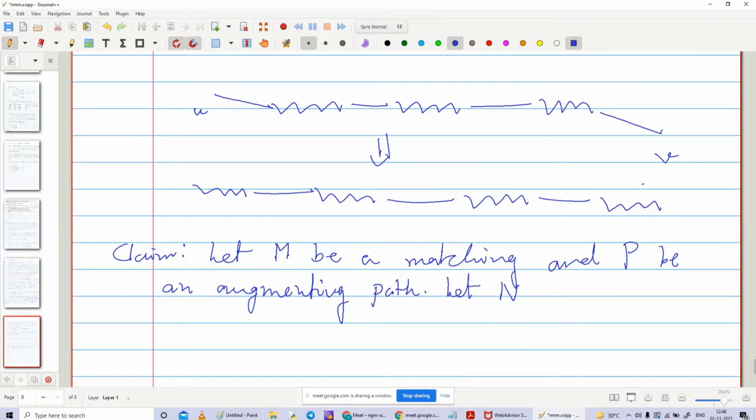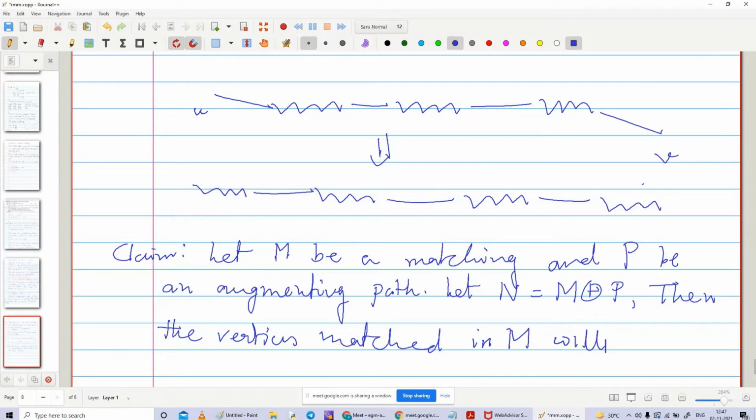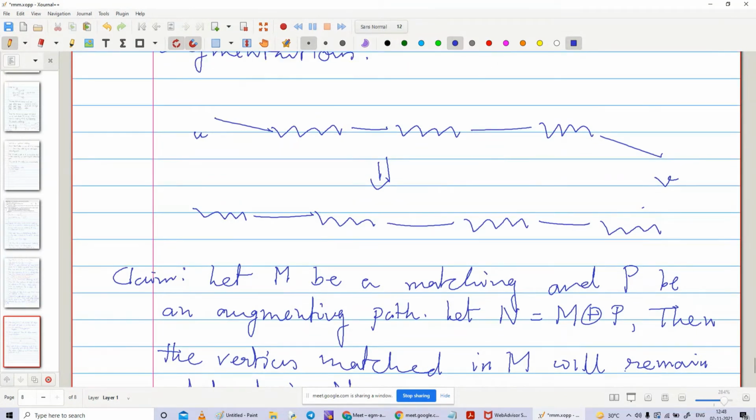Let N equal M symmetric difference P. That means we have applied the augmenting path P on M. Then the vertices matched in M will remain matched in N. So the claim is basically, if M is a matching and P is an augmenting path, and N is M symmetric difference P, then the vertices that are matched in M will remain matched in N. We can see it from the picture above.